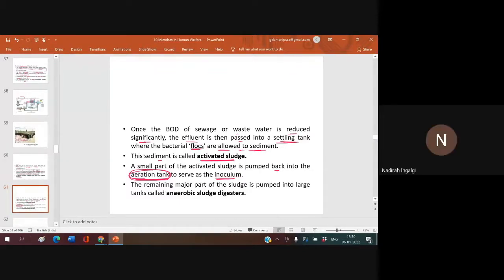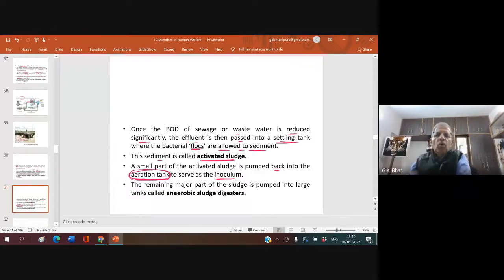Microbes will grow in it. So to enhance the growth of microbes, a small part of the activated sludge is added to the aeration tank. Why is that small part of the activated sludge added to the aeration tank? Kavita?